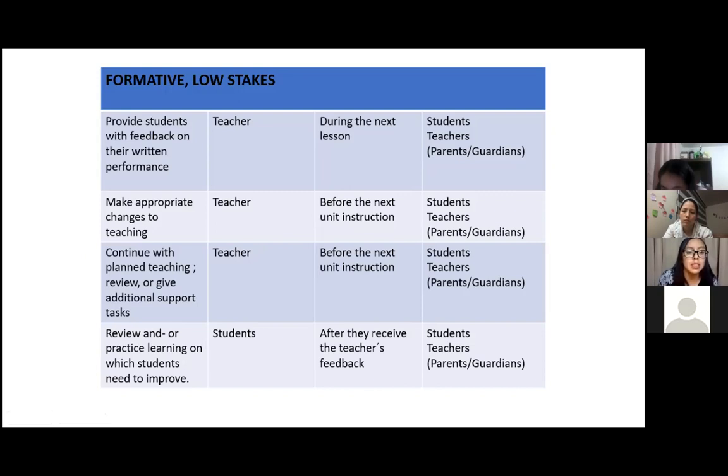The first one during the next lesson, the second one before the next unit instruction, and the third one before the next unit instruction. And the last one, review or practice learning on which students need to improve, as we know, is made by the students after they receive the teacher's feedback.